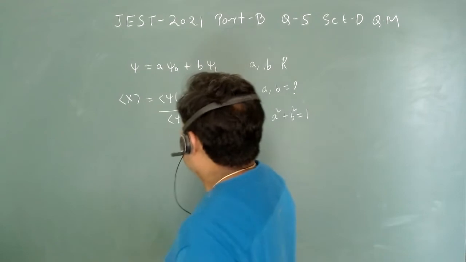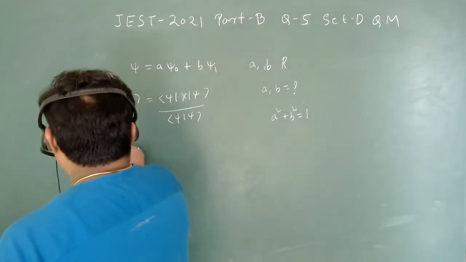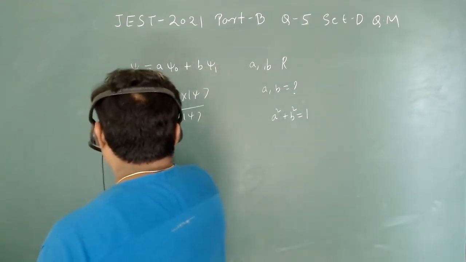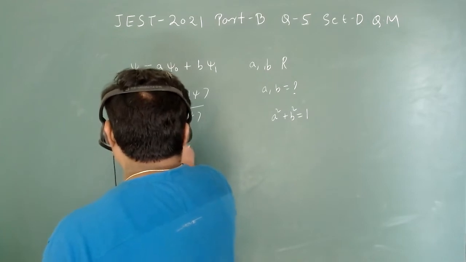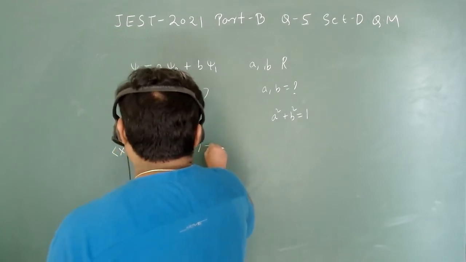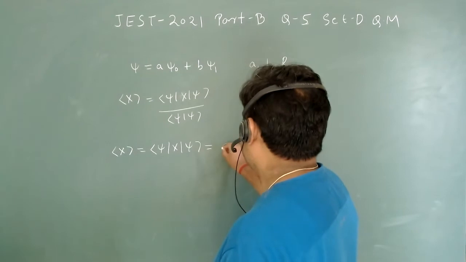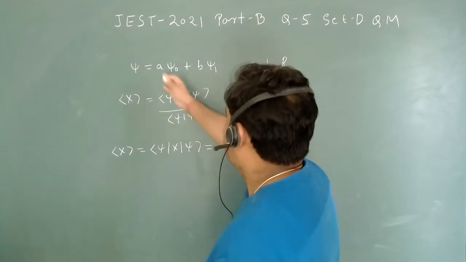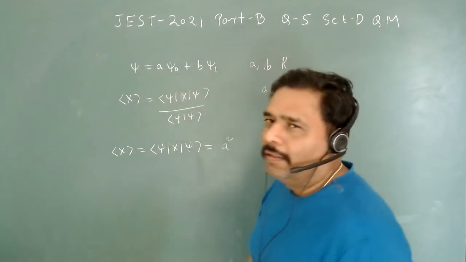Anyway, let's go for the expectation value of X. The expectation value of X is just psi X psi, and because A and B are real, we cannot write mod square.